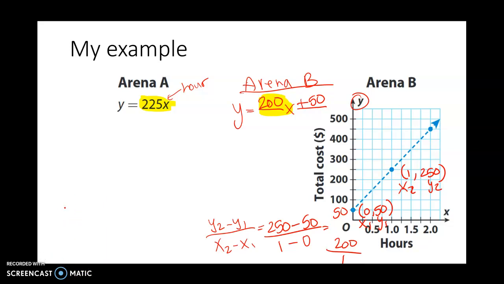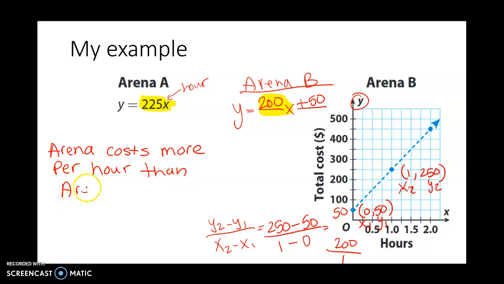I see that arena A is $225 an hour, and arena B is $200 an hour. So a sentence I could write is: arena A costs more per hour than arena B.